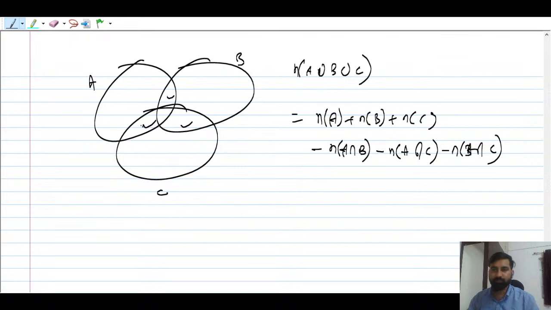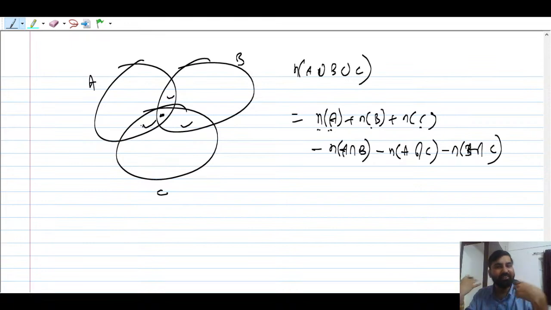Next, here you have counted a couple of times. Now one condition will be there. Suppose there is one element which is common to all. It has been counted 3 times, once each in A, B and C, but it has already been corrected by the subtractions.